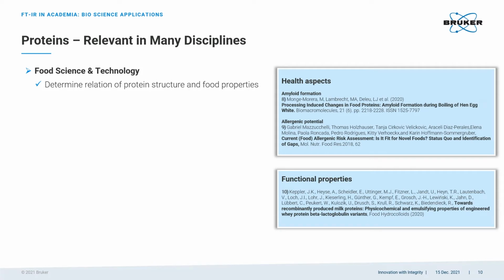Such properties may relate to health aspects, such as the allergenic potential of food proteins, but also to functional properties that are wanted for a food product, such as the mouthfeel of a yogurt or some other milk product.